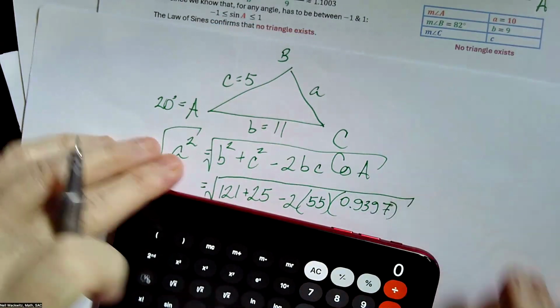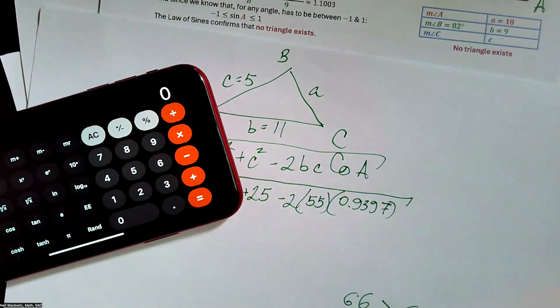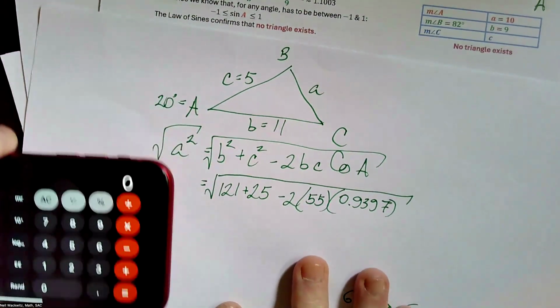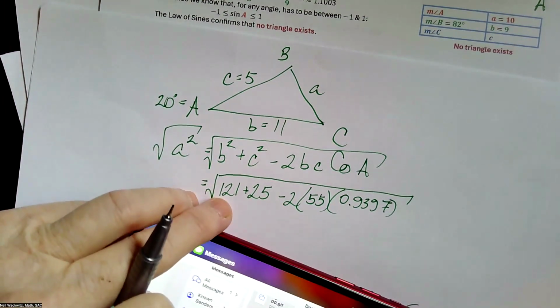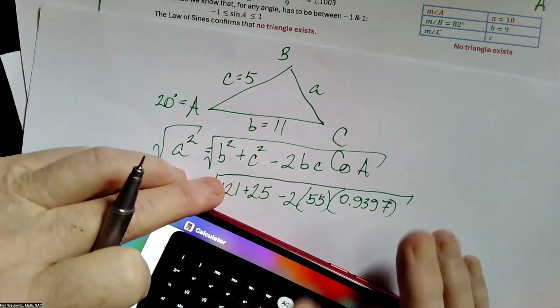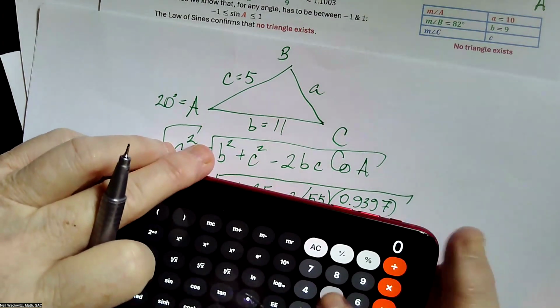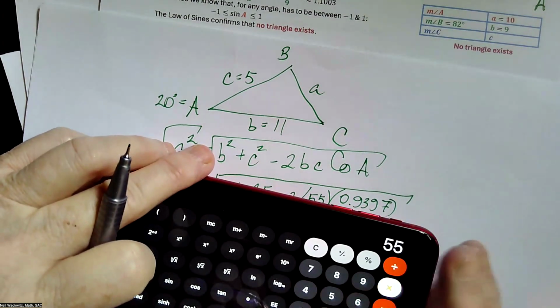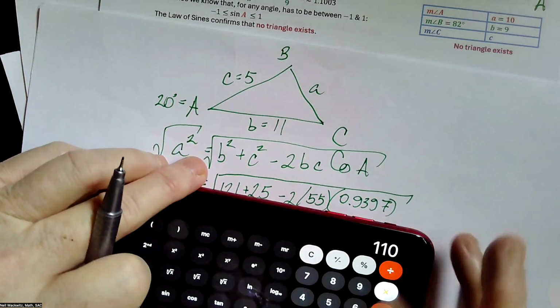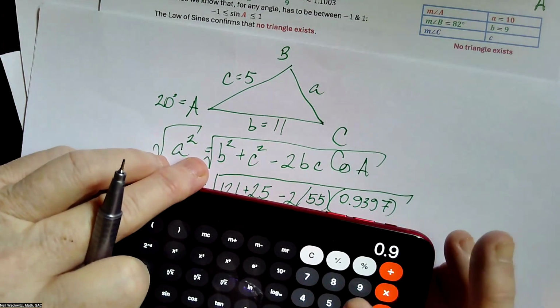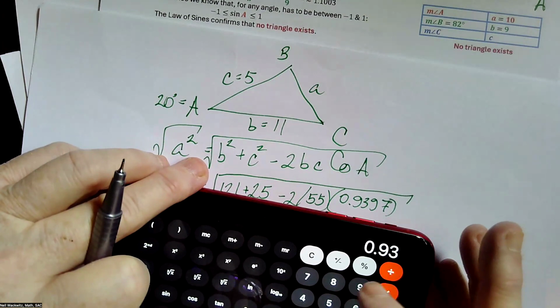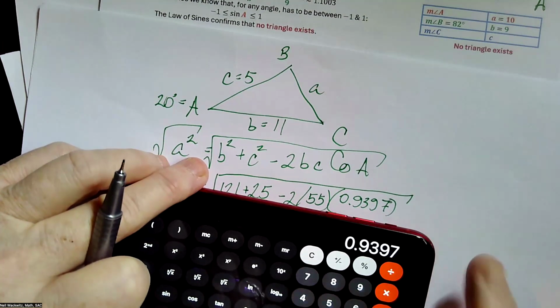Okay. And let's find the product first, negate it, and add the other numbers. So we have 55 times 2 times 0.9397.